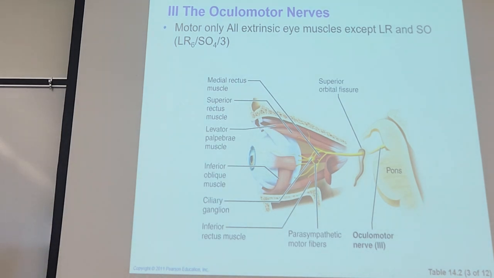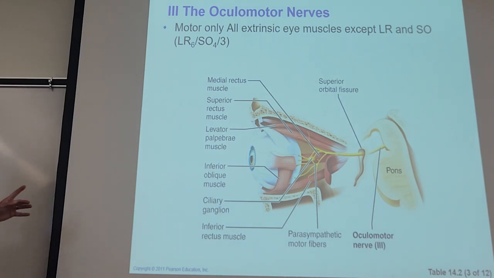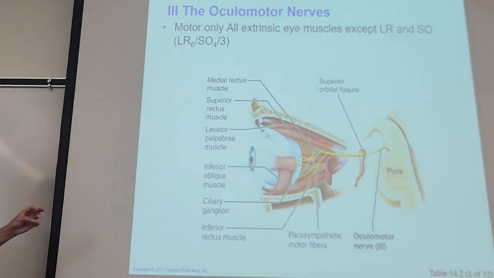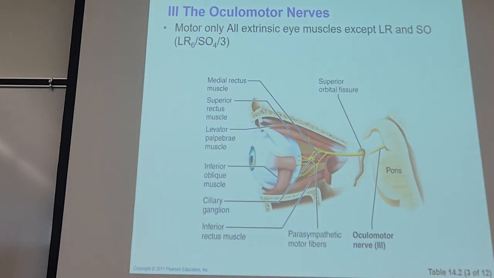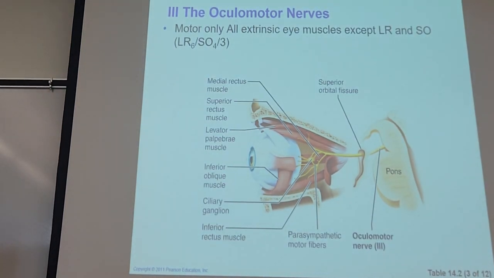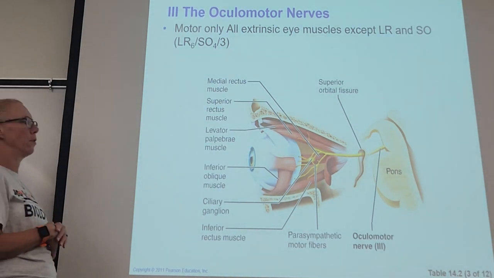So it's motor only, and it pretty much covers all of the external eye muscles that you were looking at yesterday, except for LR, lateral rectus, and SO, superior oblique. Those two each have their own cranial nerve. Why? I don't know. You have to ask God's anatomy that one. So oculomotor handles everything else except lateral rectus and superior oblique.